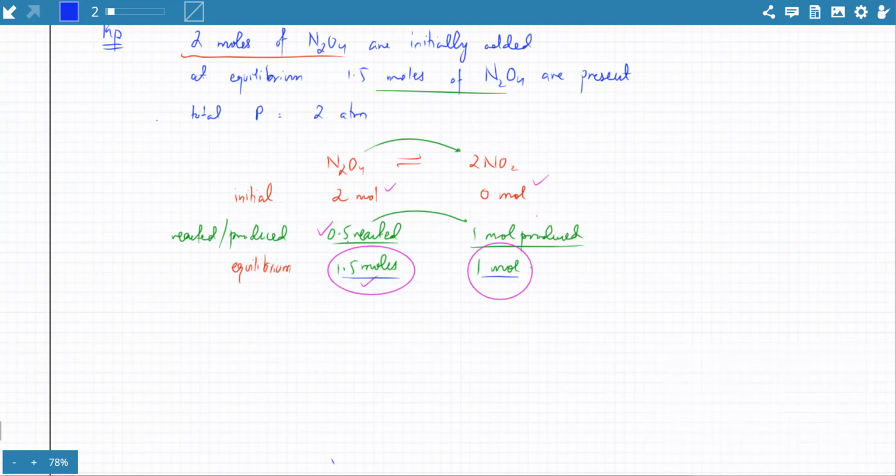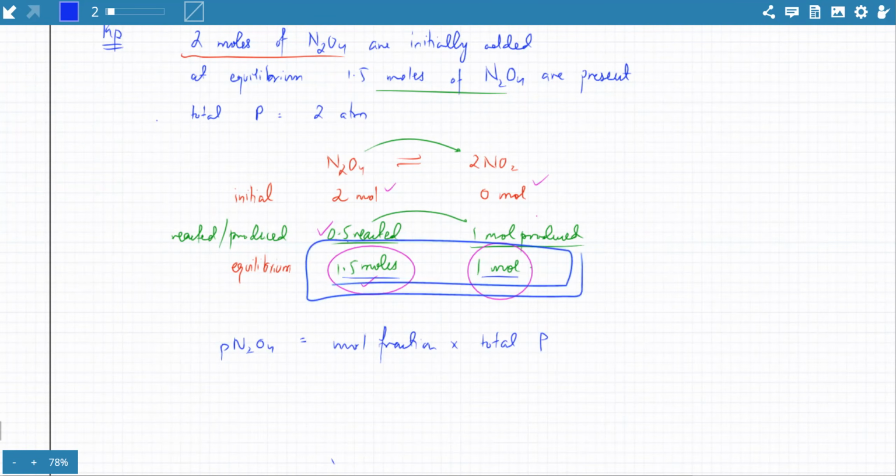Now the way that was done was that the partial pressure of N2O4 was calculated using mole fraction, or the amount or percentage moles of N2O4 multiplied by the total pressure. What's the total moles?